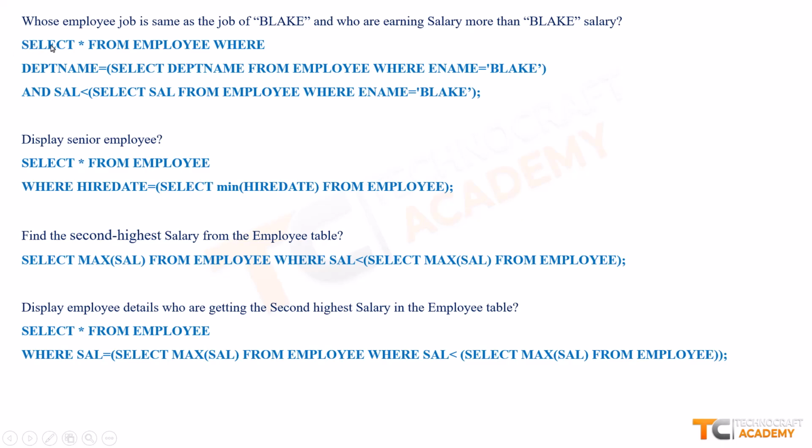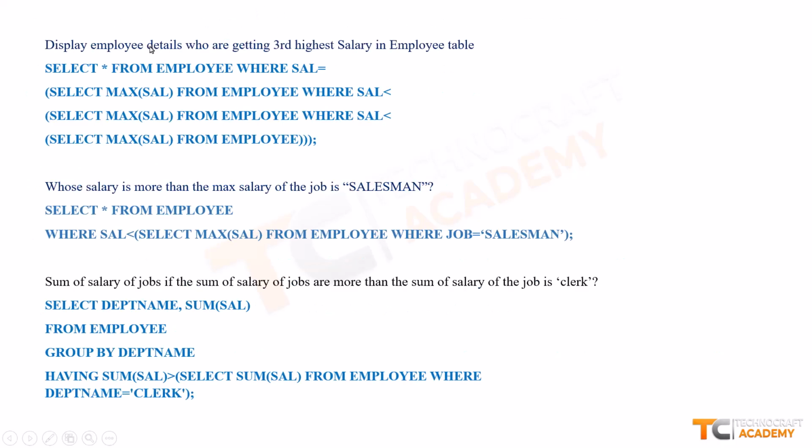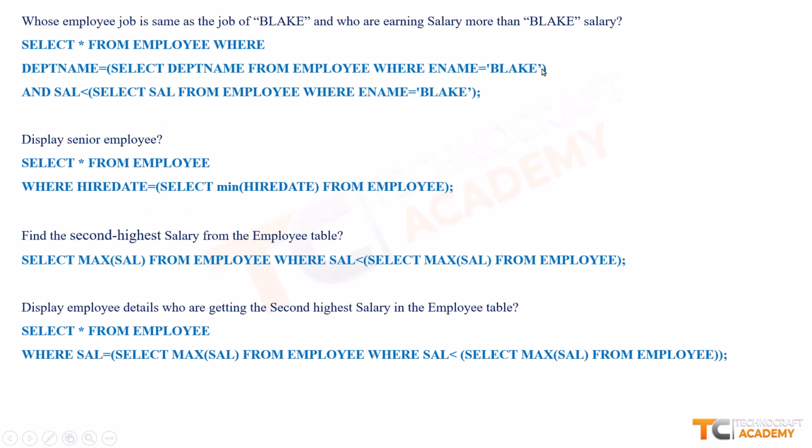If you see the query here: select star from employees where department name, in our case it is the job ID, say select the department name from employee. So the first half of the query is the same as what we have already written.